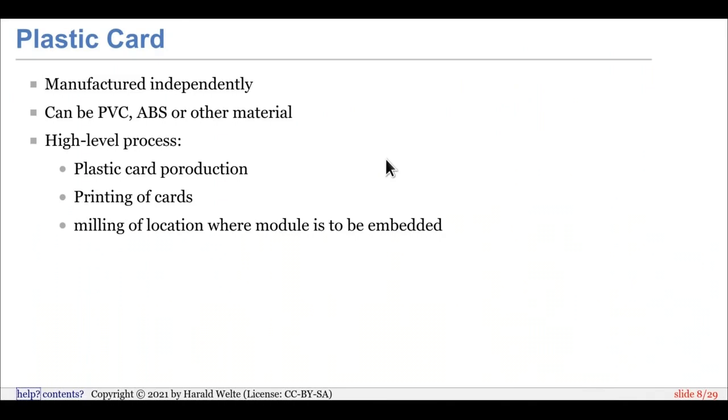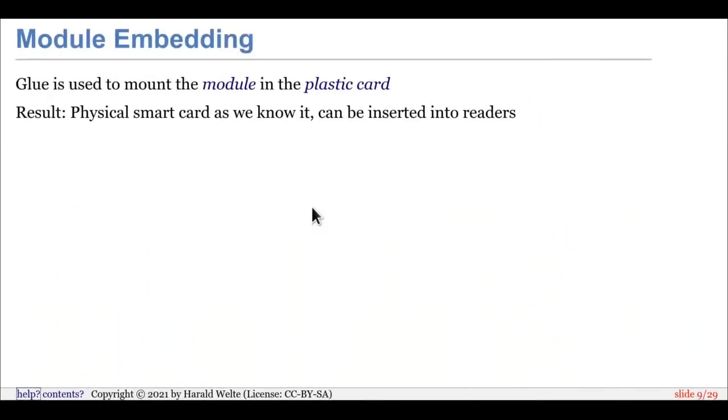Once you have the individual plastic cards, you print them typically, and then at the end there is a milling happening for the location where the module is to be mounted into the card. In this milled space, with some glue, there is the so-called module embedding, where the module, the electronic part, is glued into the plastic card, and at the end you have a physical smart card as we know it, as you purchase it basically.